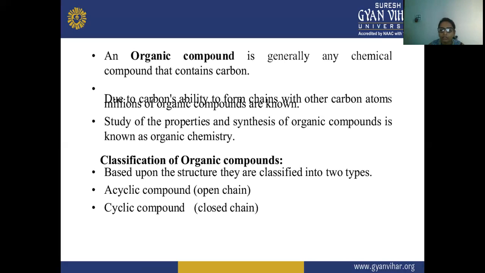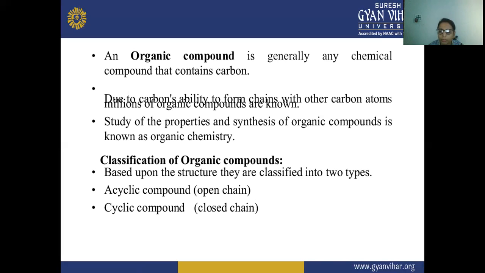Here we study the properties and the synthesis of organic compounds, and that is known as organic chemistry. In organic chemistry, as you all know, we study the properties and the methods by which organic compounds are formed.